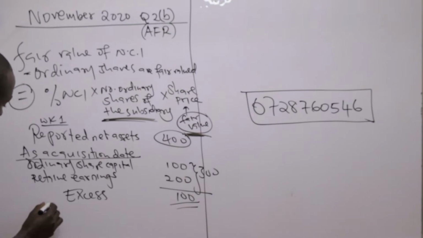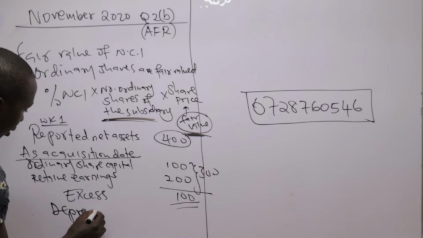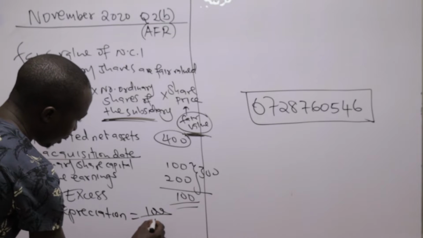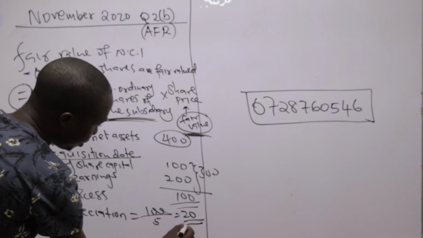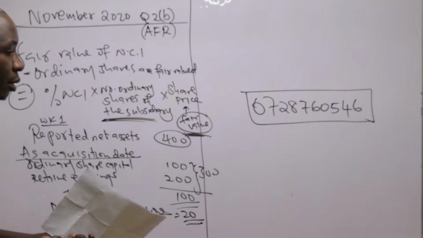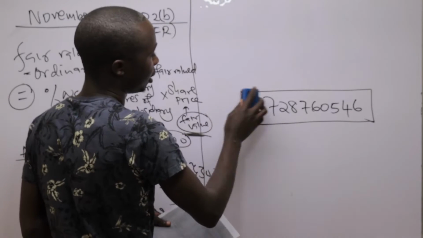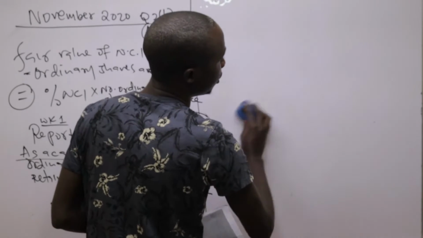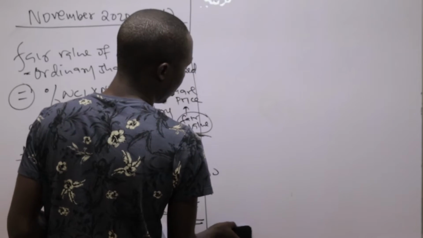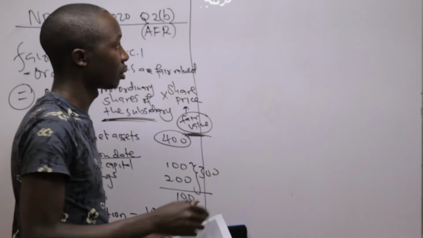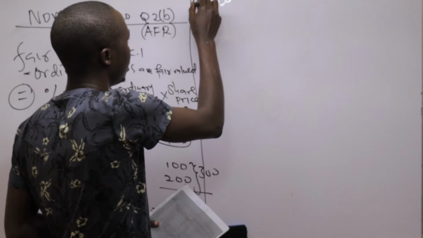So I can determine my depreciation here by saying the 100 divided by the 5 years. So depreciation will be 20. Depreciation is 20. So this is my number. Remember that. I can put it somewhere here.